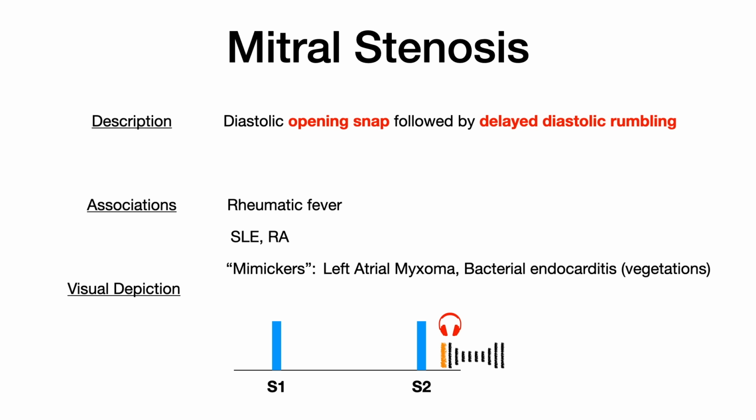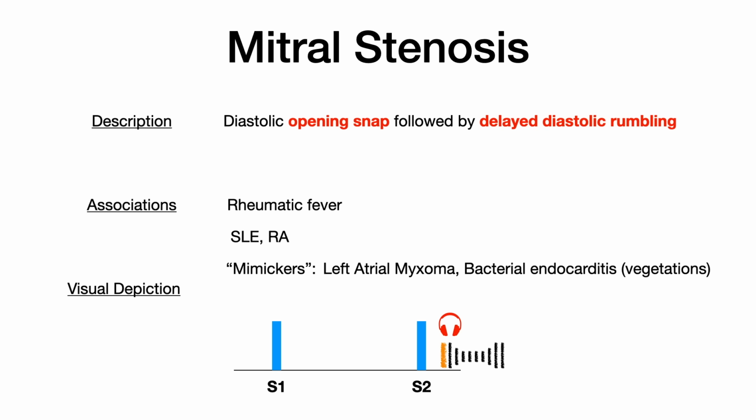And this is another really unique murmur because of that opening snap. That opening snap is so unique to mitral stenosis that it's a test favorite to just give you the audio file and force you to work backwards, either directly asking you which of the following murmurs does this sound correspond to, or asking you for the associations. But it all would start with the audio file.